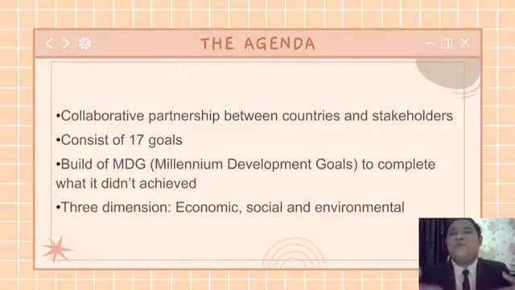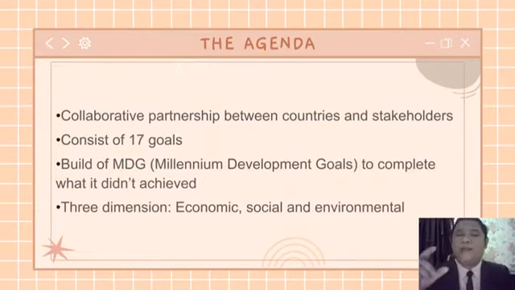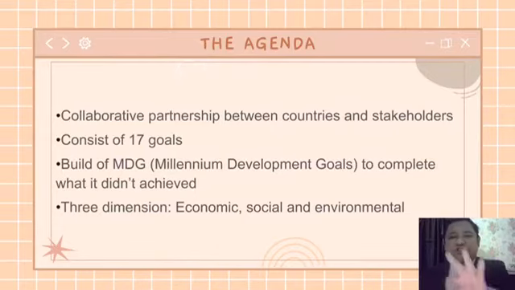Furthermore, it is built on the MDGs, or Millennium Development Goals, to complete what the MDGs did not achieve. And as such, the Agenda 2030 covers 3 dimensions: the economic dimension, the social dimension, and the environmental dimension.